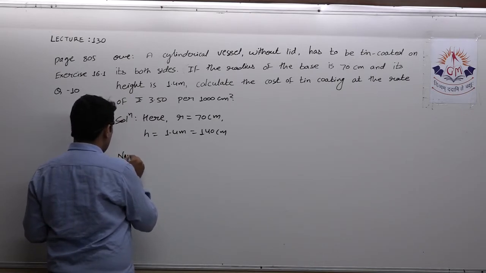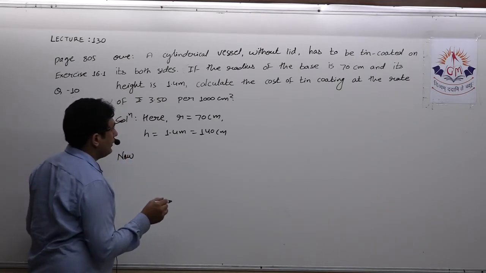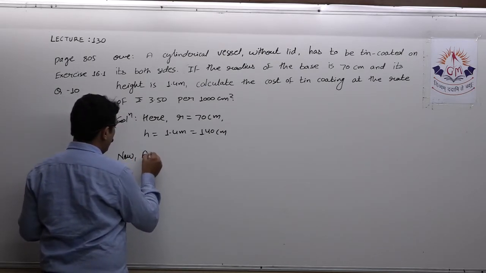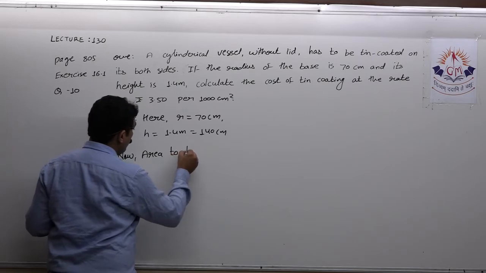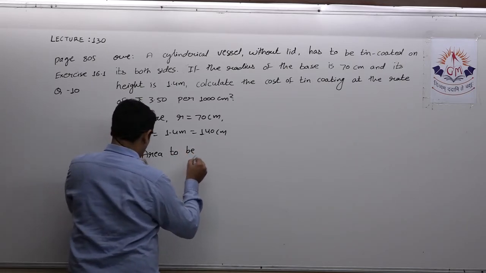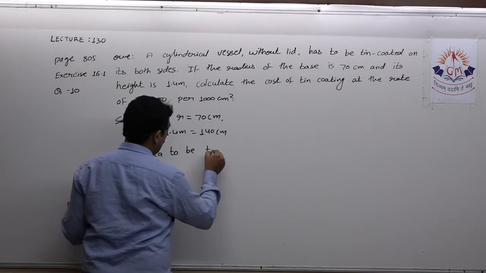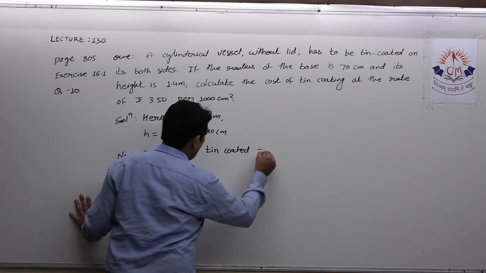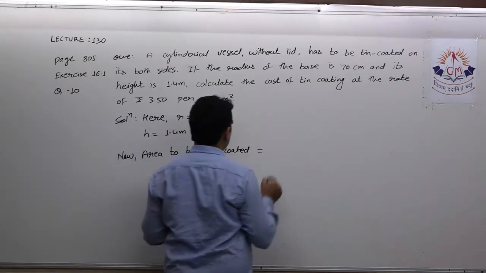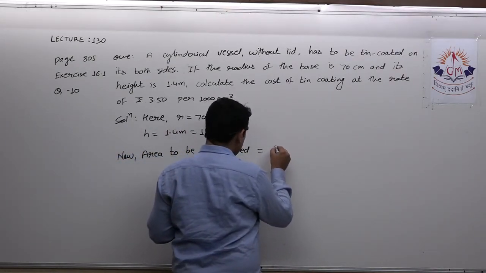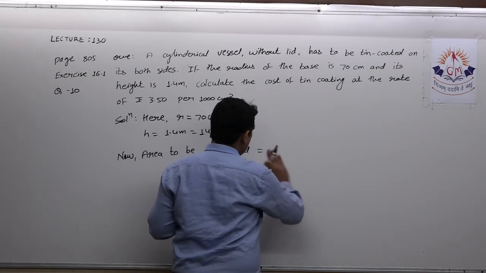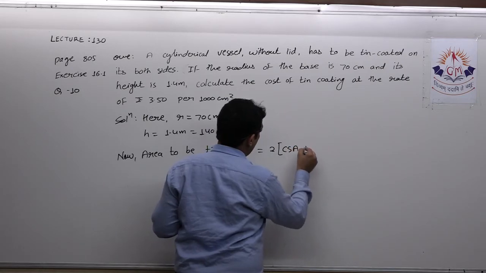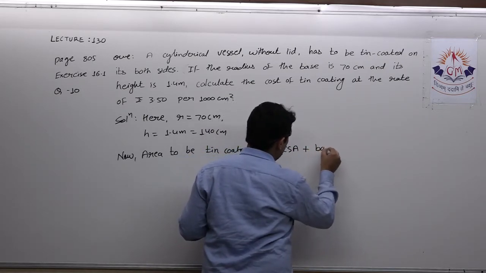So now the required area to be tin coated is equal to 2 multiplied by CSA plus base area.